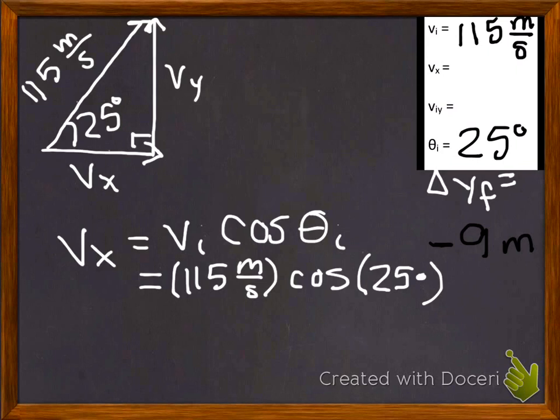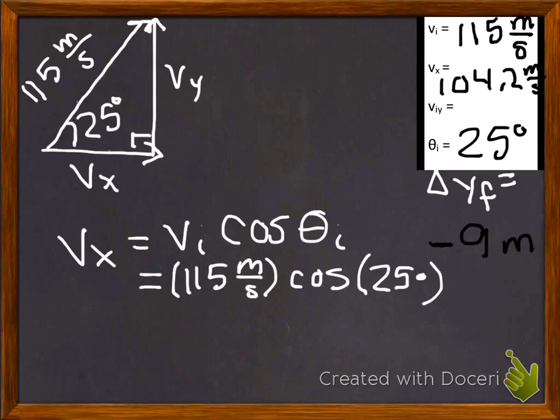Remember, when you go to plug this in your calculator, make sure you're in degrees. So I plug this in the calculator and I find that Vx is 104.2 meters per second.